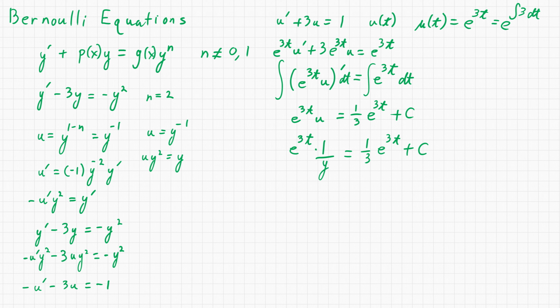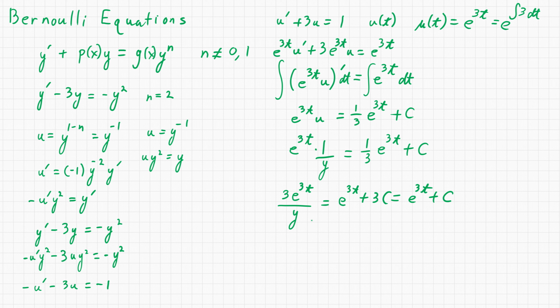Now I've got a fraction, so let's try to get rid of all the fractions. Let's multiply by 3 first. We get 3 e to the 3t over y equals, the 3 and the 1/3 cancel, so I have e to the 3t plus 3c, but I can rewrite that as just e to the 3t plus a constant, absorbing the 3 inside.